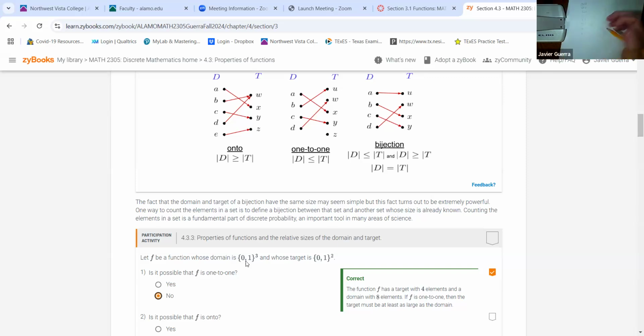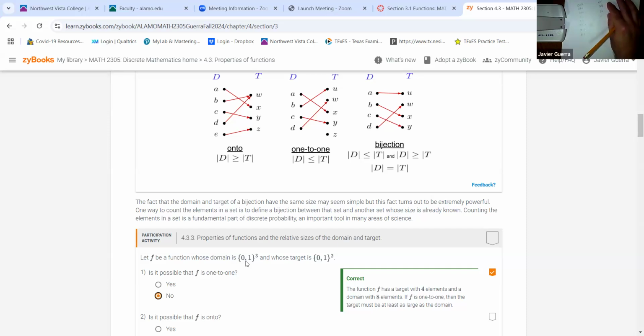So your domain has 8 elements. Those are going to get mapped to a 2-character binary. So you only have 0, 0, 0, 1, 1, 0, and 1, 1.